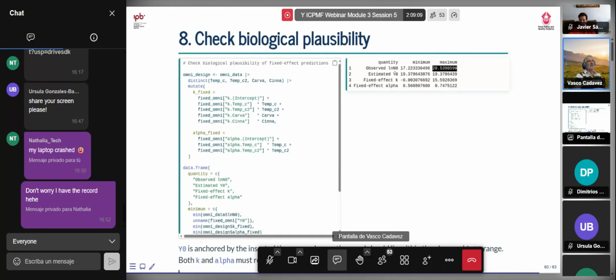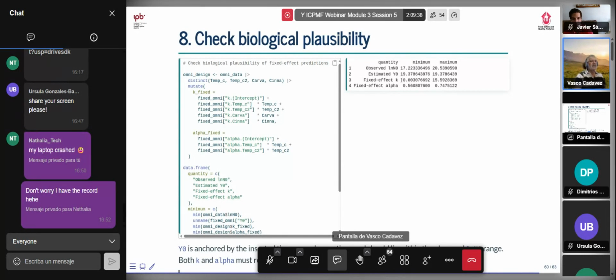And for the epsilon 0, we have 19. So these two are very close. Okay, so if you take a look at this, they are very close. They are plausible. If you have in the estimated 50 or 60, they are very different from the observed value. So this is the observed, the estimated, they are close, so it makes sense.